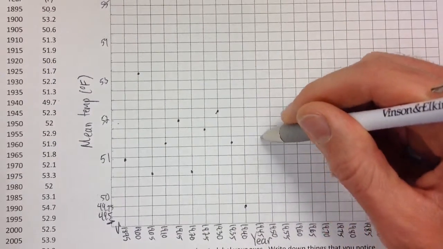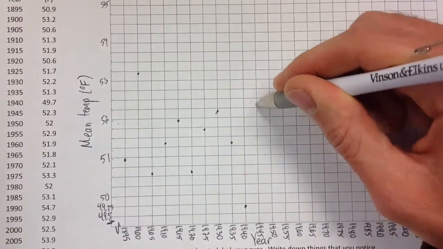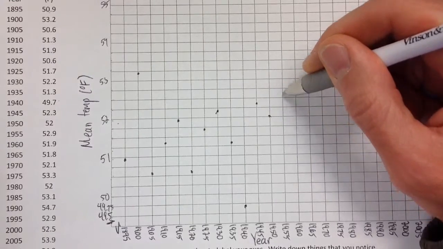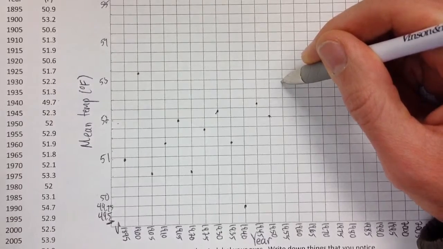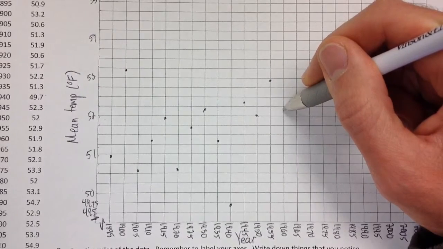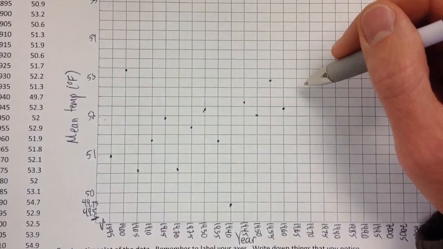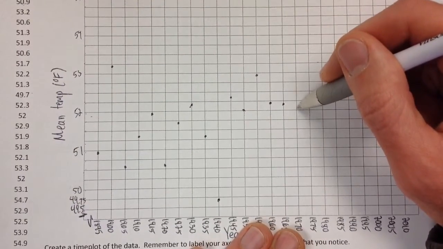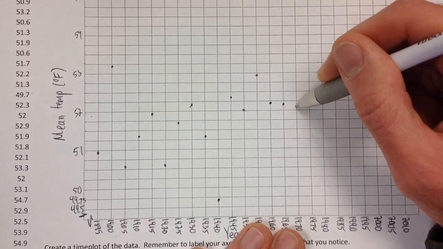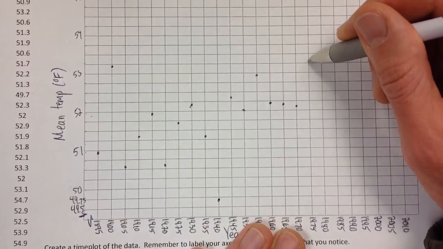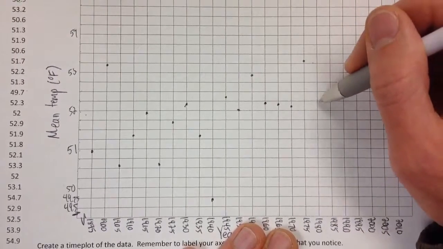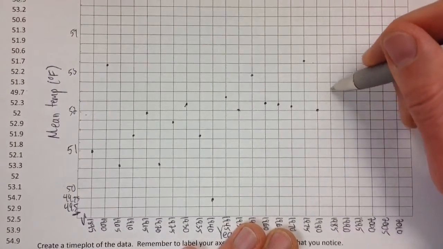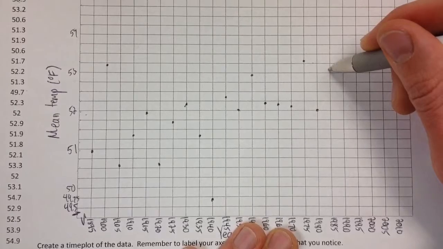1945, 52.3. 1950, 52. 1955, 52.9. 1960, 51.9. 1965, 51.8. 1970, 52.1. 1975, 53.3. 1980, 52. 1985, 53.1. 1990, 54.7.